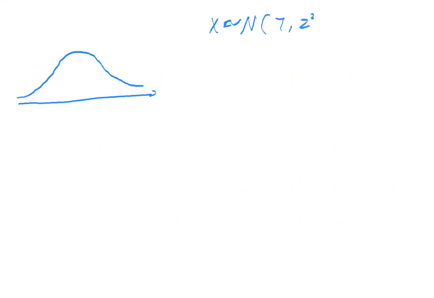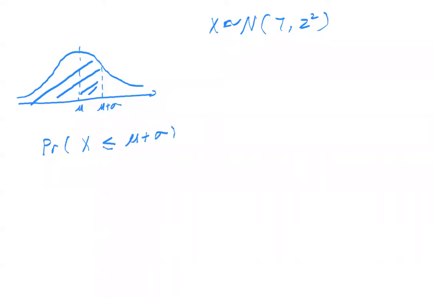If I have a situation like this, our X is still normally distributed with mean 7 and standard deviation 2. This is the mean, this is mean plus 1 standard deviation. I want the probability of X less than or equal to, it doesn't matter, mean plus 1 standard deviation.